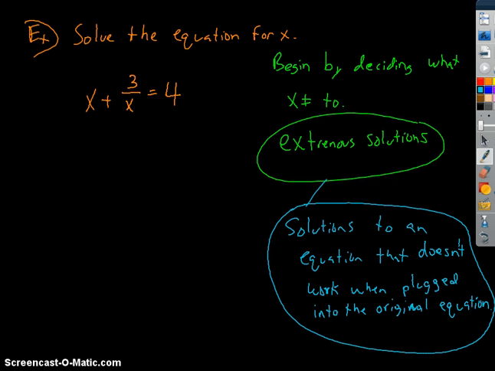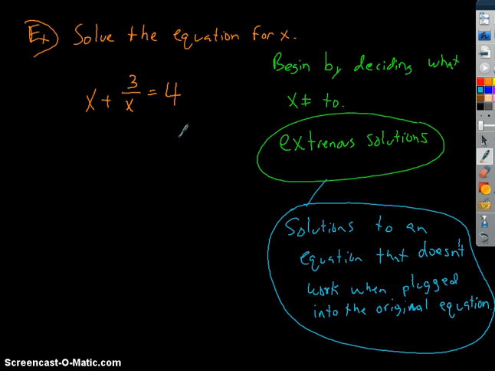So again, extraneous solutions are solutions to an equation that don't work when plugged into the original equation. Meaning if I plug it into the original equation, I get something that's false, that is not true, or it doesn't equal the number they said it should equal, and so forth. So we're kind of looking out for those, and you will get those in these kinds of problems. Whenever you have an equation and you have to multiply that equation by a variable, you have a chance of creating extraneous solutions. So that could definitely happen here.